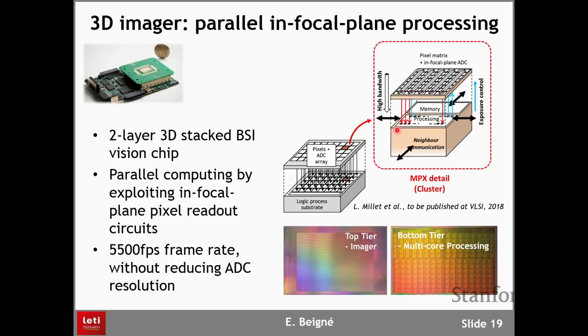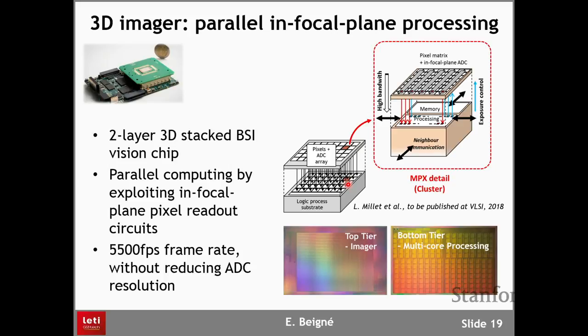Something really important to see here is that you have all the array here. And for each macro pixel, as we call it, we have some computation on the bottom. Something interesting here is that we do not only have the information from the pixel to the computation, but we also have some feedback information to control the electronics around the pixel. So it means that on the top we have pixels and ADC, and the computation on the bottom.